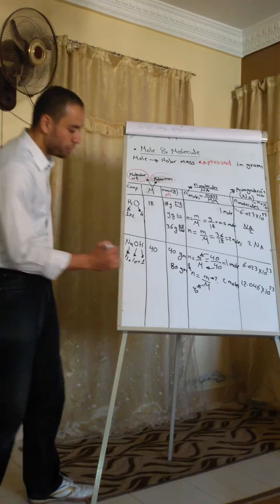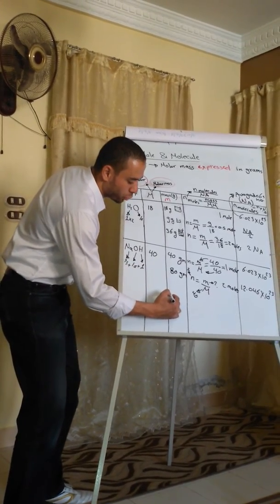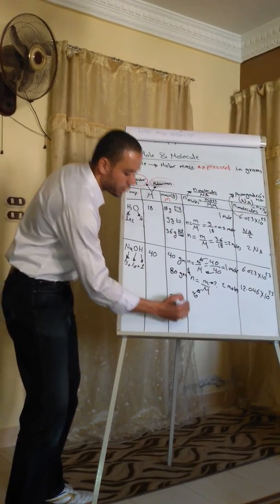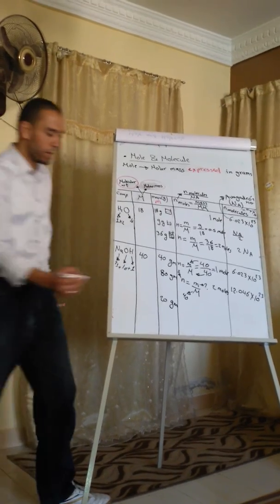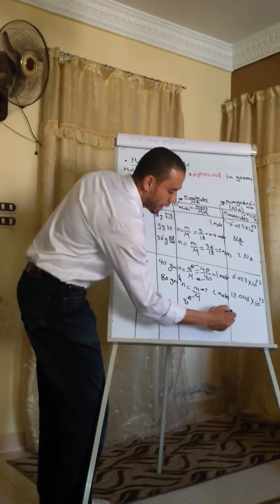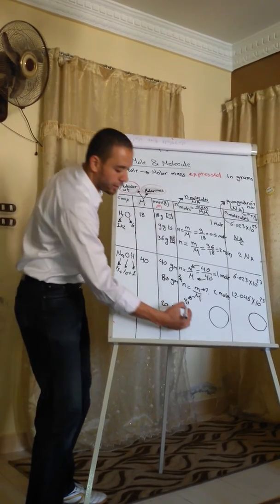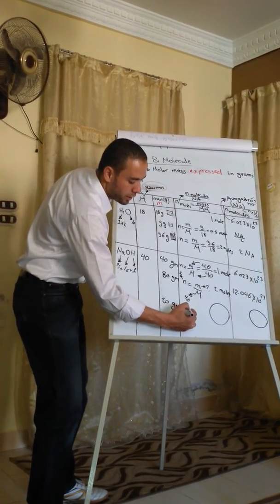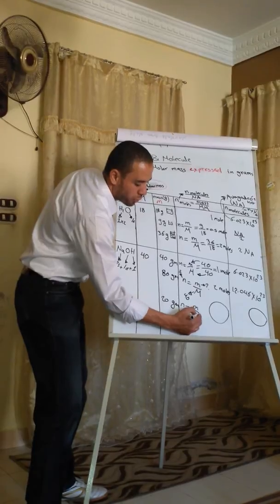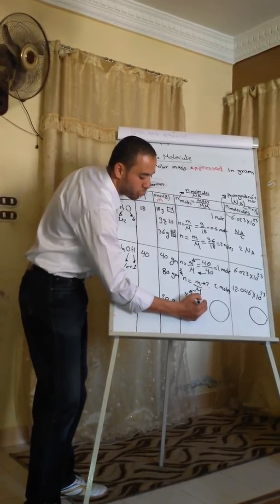The last example, if we have only 20 grams, how many moles and how many molecules do we have? The number of moles is simply mass over molar mass, and the mass is 20.